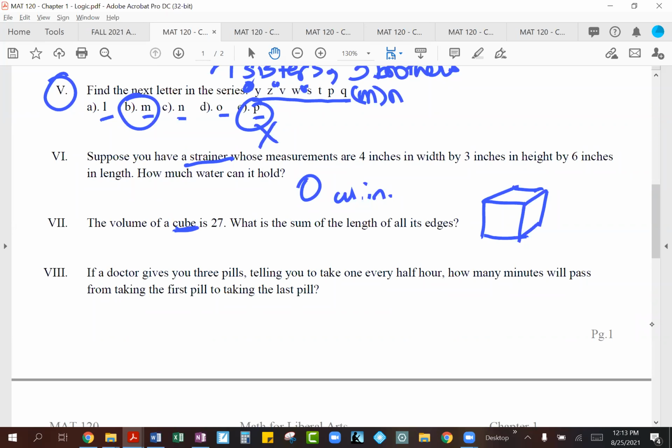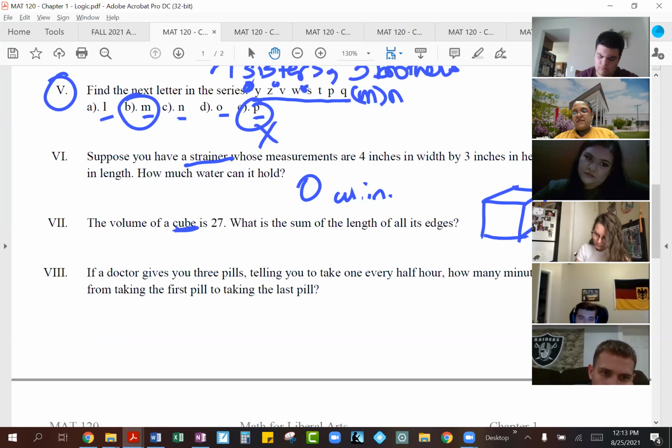So the idea is, if your volume is 27, you have to figure out what the dimension for the cube would be, and then you can find out what the sum of all these lengths will be. So I'll give you guys another minute to try and figure out, if the volume is 27, then what is the measurement for each side of the cube.